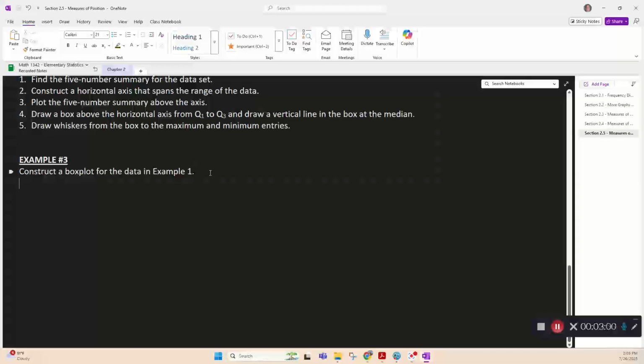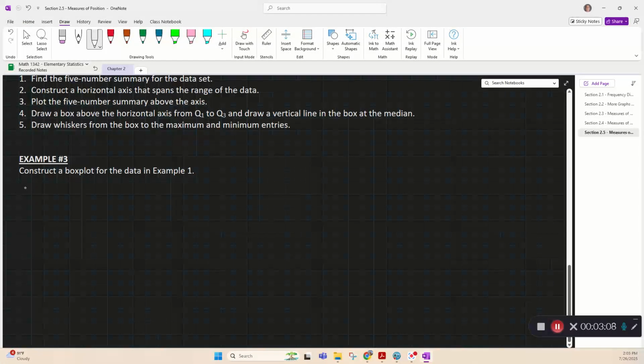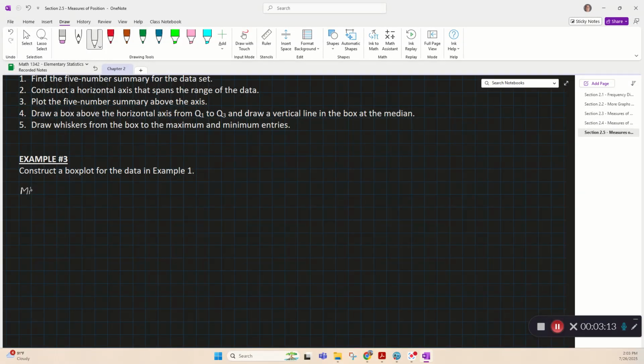Okay, so what I like to do first is get all my data in one spot. In example 2, we already found the 5-number summary. So min, Q1, median, Q3, and max. Let's go and just get those all written here. That way we don't have to keep going back and forth.